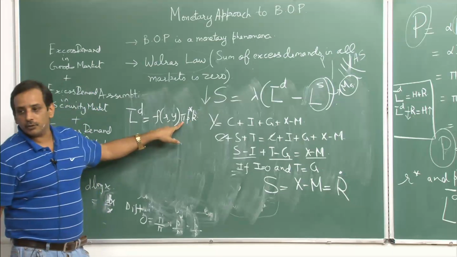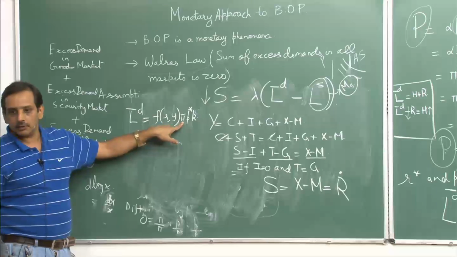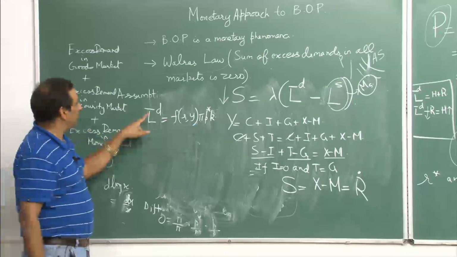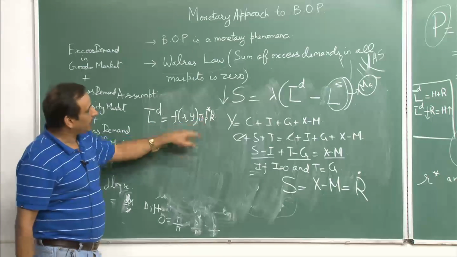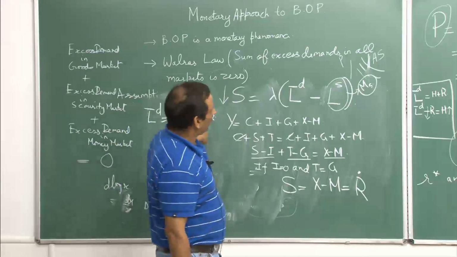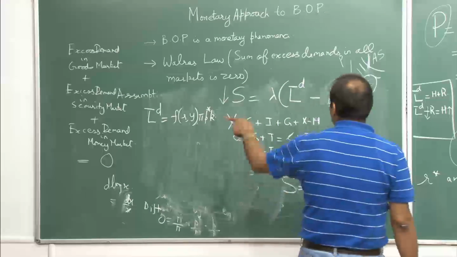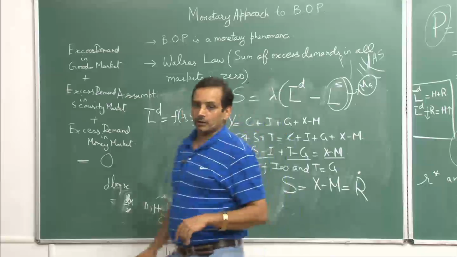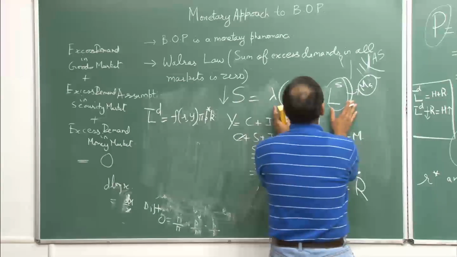Say for example, you devalue your currency. Okay, so pi goes up. If pi goes up, see what happens to L bar D. L bar D goes up.